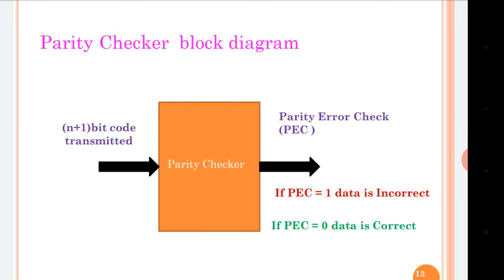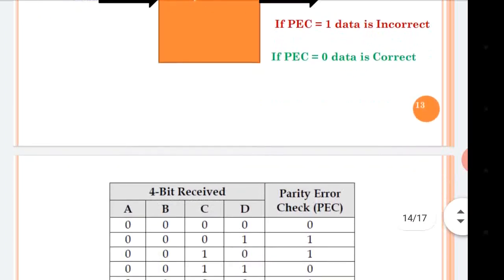It will be 1 if data is incorrect, and 0 if data is correct. What is the meaning of incorrect and correct? If you are transmitting even parity data and the received data is also even parity, PEC bit will be 0, data is correct. If you are transmitting even parity data and the received data is odd parity, then PEC bit will be 1, that means data is incorrect.